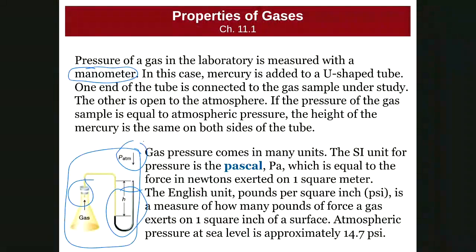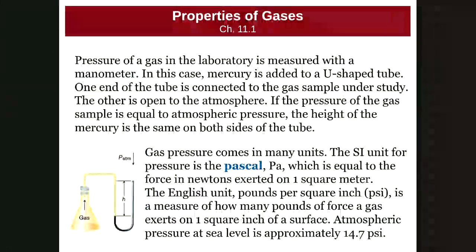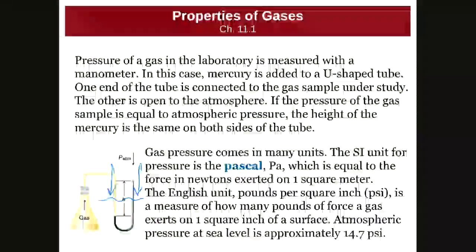If the pressure of that gas sample is equal to atmospheric pressure, then you have the same amount of pressure coming from the gas sample as from the atmosphere, which makes the level of mercury equal on both sides of the tube.